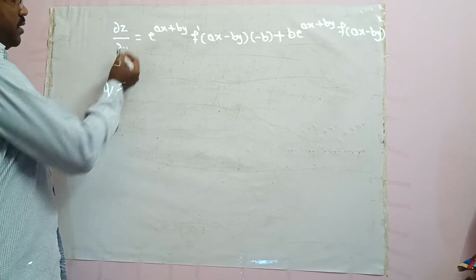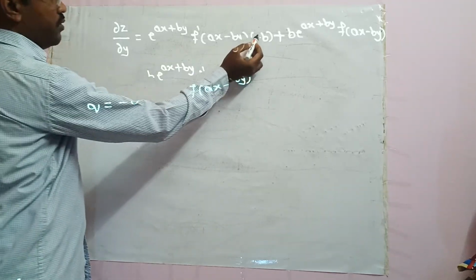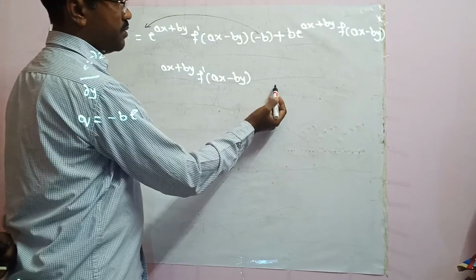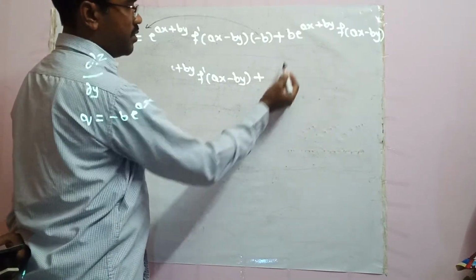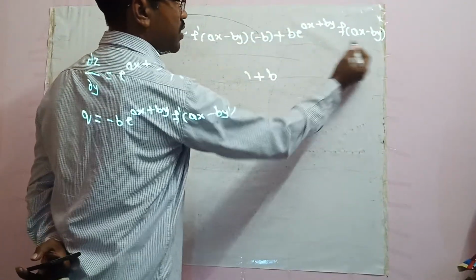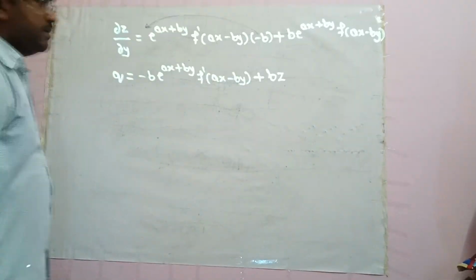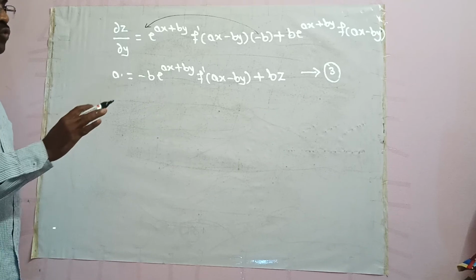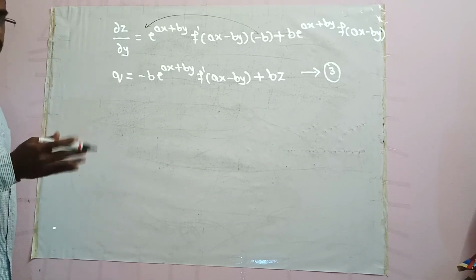Now let us rewrite q. We have written this minus b in the beginning, minus b here, plus b into z. So this we can take it as just z. Call it as equation number 3. Now we have equation 2 as well as equation number 3.